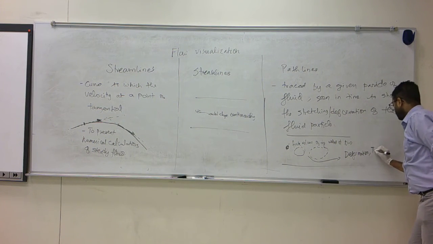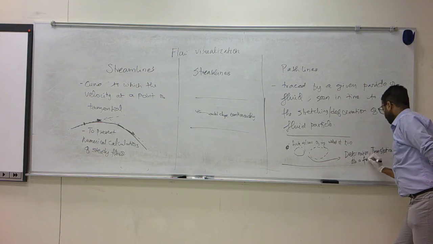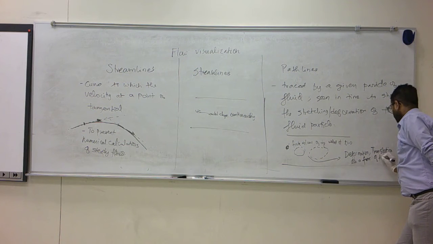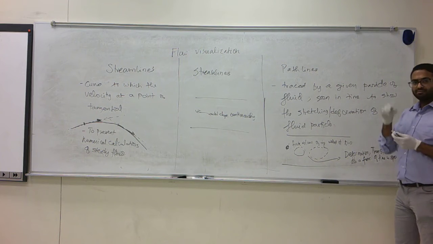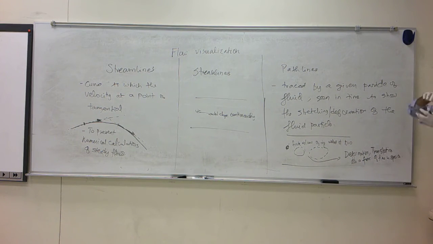and translation as a function of time and space. So it is like tagging a certain set of particles and observing them move, stretch, get bigger, get smaller, and whatever.